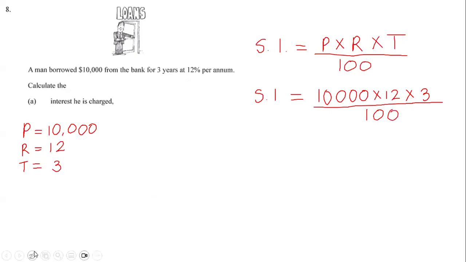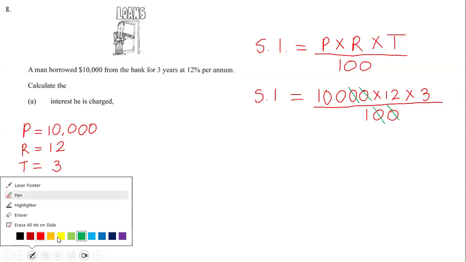In this case, we're going to cancel out the common zeros. This zero cancels with the zero in 100, and this zero cancels with the other zero.